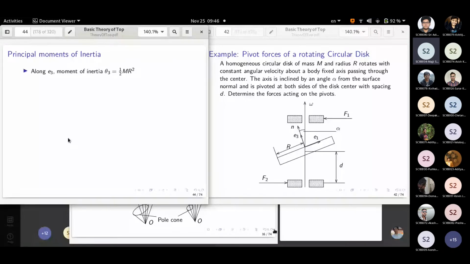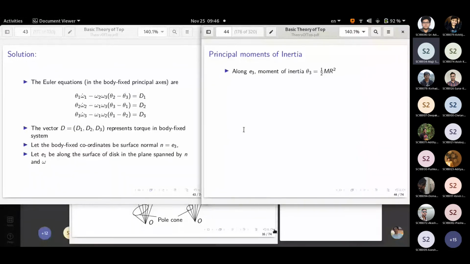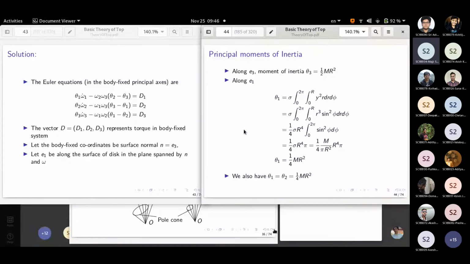So along E3, which is perpendicular to the flat disk, the moment of inertia can be computed as 1/2 mr square. Along E1 and E2, after some simplification and computation, it turns out to be 1/4 mr square.